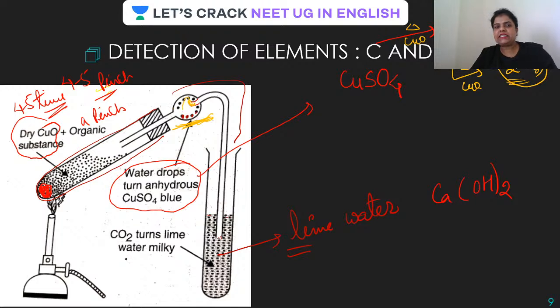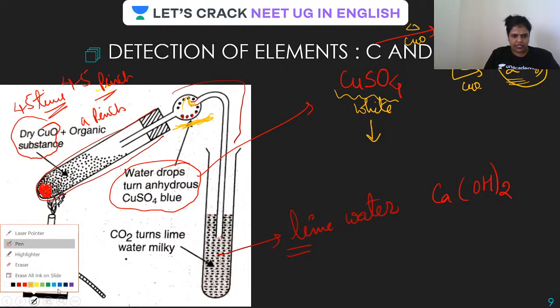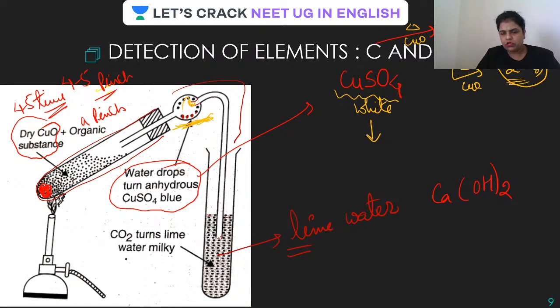Okay, and after that, what happens? Copper sulfate crystals are there, which is white. Remember, guys, whether it is CuSO4 or CuSO4·H2O, it is going to be white. So if the compound is organic, let me repeat, if the compound is organic, as soon as water vapor comes out of it, this is going to turn blue.